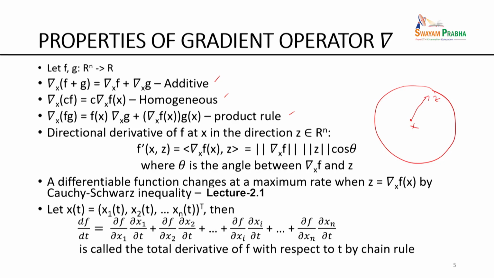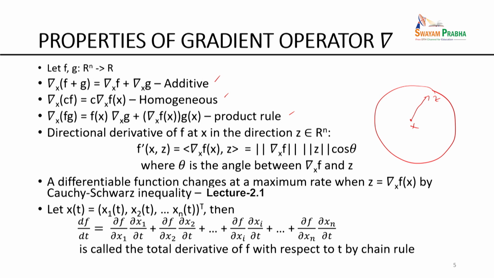So that's what's called the directional derivative. I'm sure you must have been introduced to that. The directional derivative in the direction z is defined by f prime of x comma z. It depends on f, it depends on x, it depends on z.